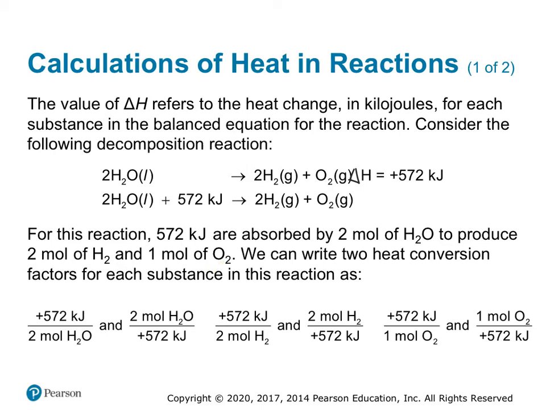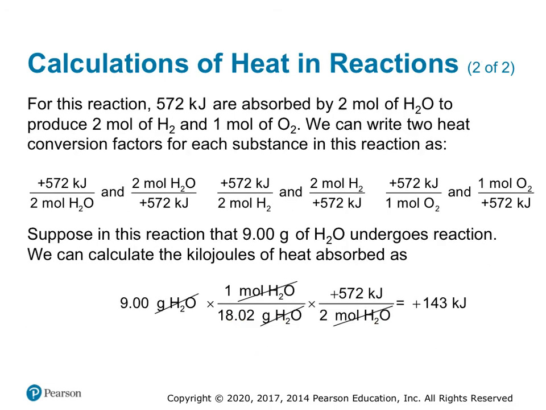So we can write these as conversion factors for each substance in the reaction. For example, for water, we can write 572 kilojoules over 2 moles of water, or 2 moles of water over 572 kilojoules. And we can do the same thing for the hydrogen and the oxygen. With these conversion factors, we can then use them in a calculation.